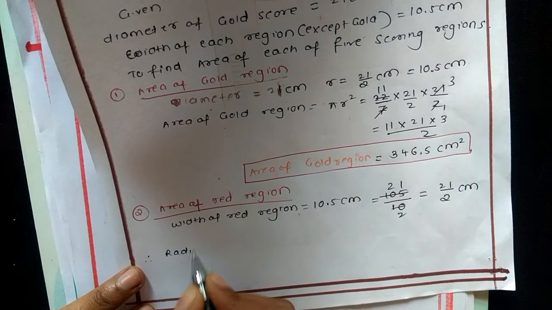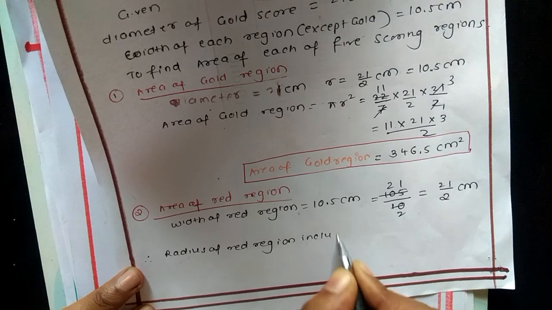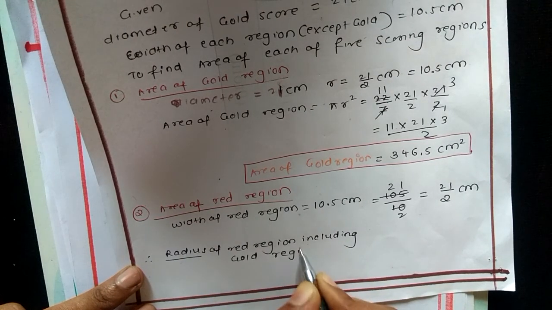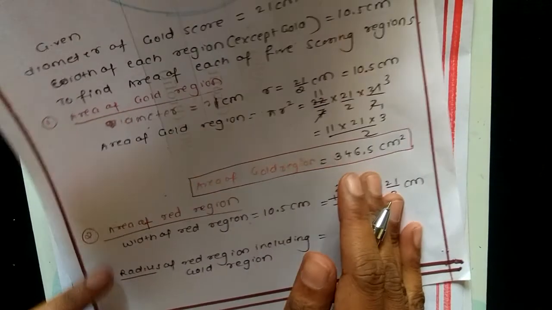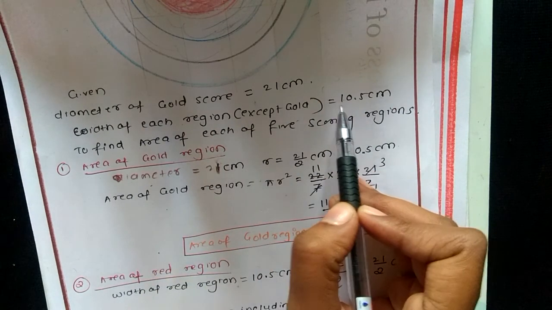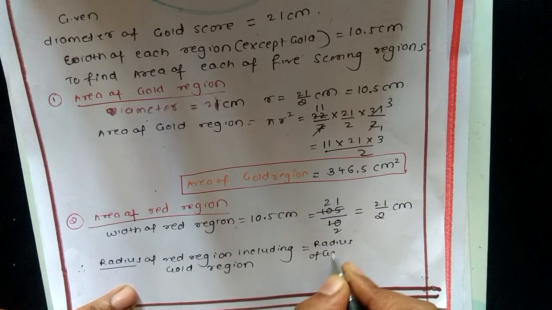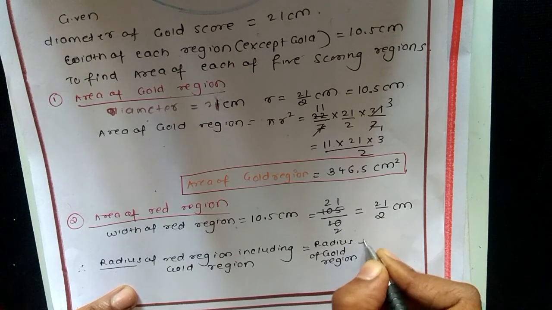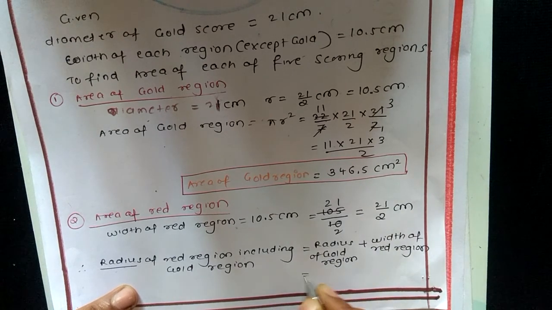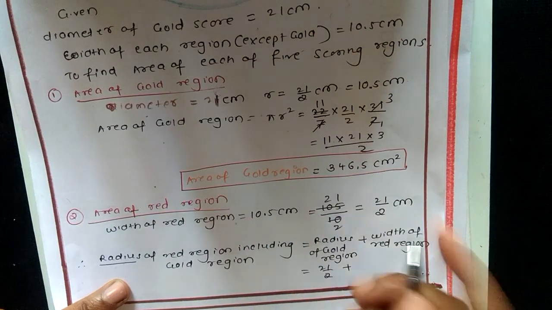So the radius of the red region including the gold region is the radius of the gold region, 21 by 2, plus the width of the red region, 21 by 2.